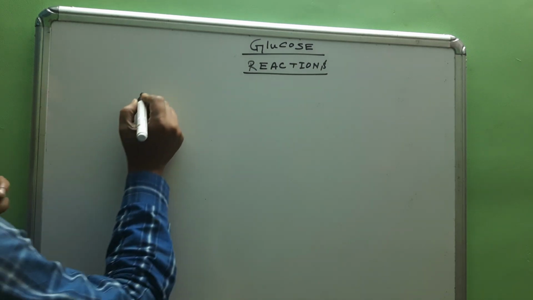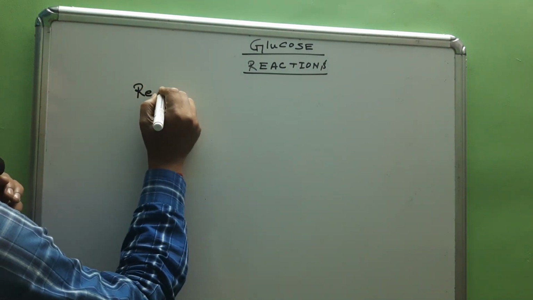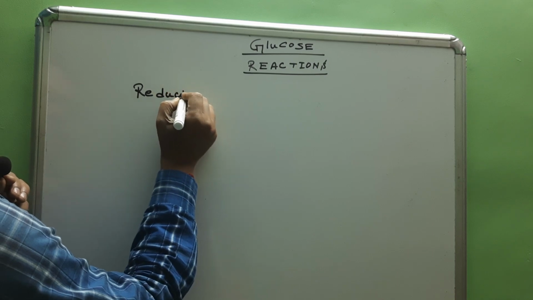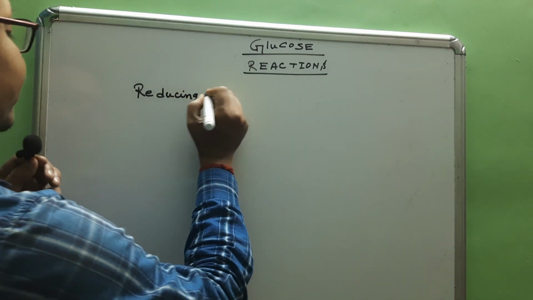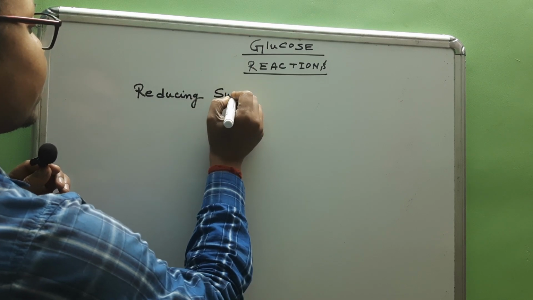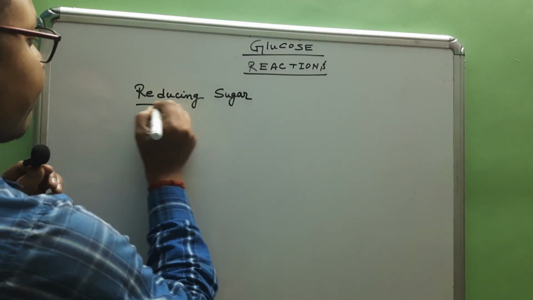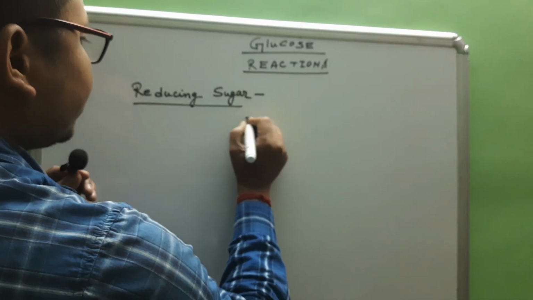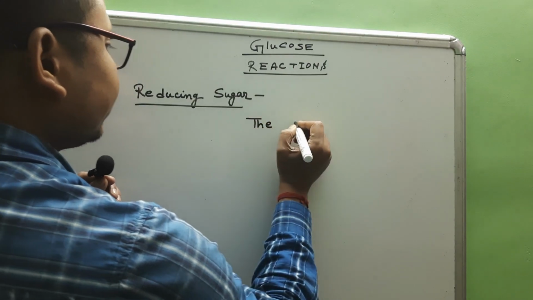Carbohydrates, what are the reducing sugars? Very often this type of question is asked. So what are the reducing sugars?